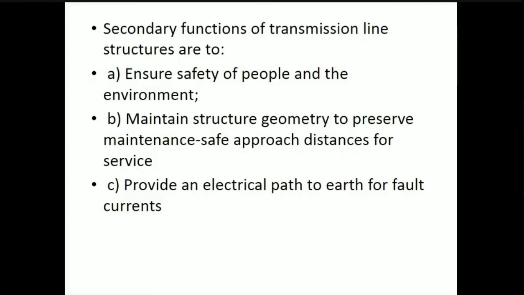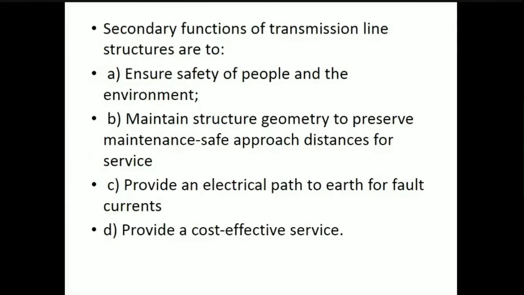So by means of the tower, the earth wire that is run along with the conductors that are carrying power will be carrying the lightning surges as well as switching surges, and at each tower this earth wire is grounded. So they provide an electrical path to earth for fault currents.